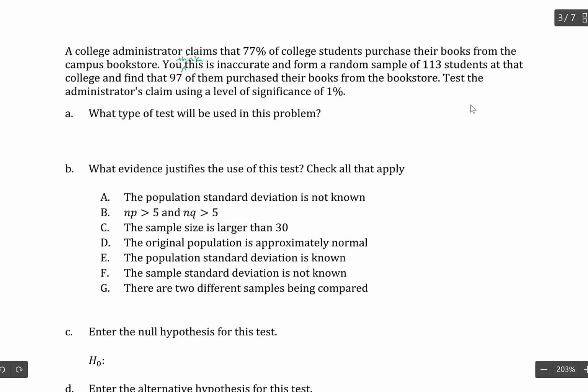Well, the easiest way to determine what type of test is going to be used is to identify what the claim really is. So the claim is that 77% of college students purchase their books from the campus bookstore.